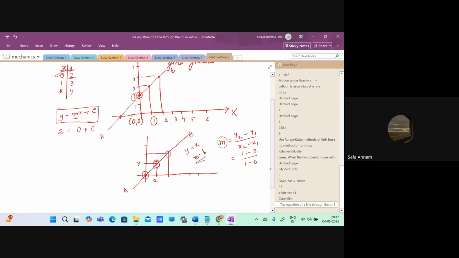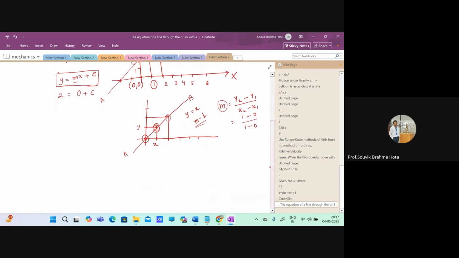Now, if I write an equation y is equal to 2x, and this is y is equal to x, what will be the difference between the two graphs? If I want to draw the graph, I am drawing y is equal to x, the same.